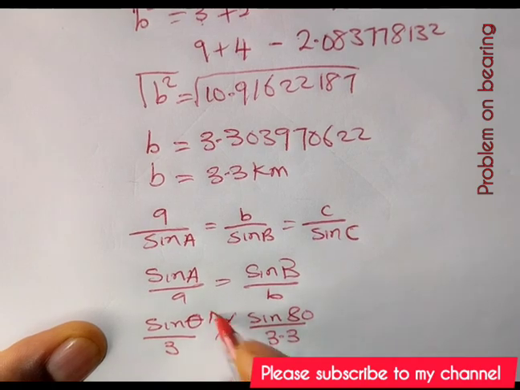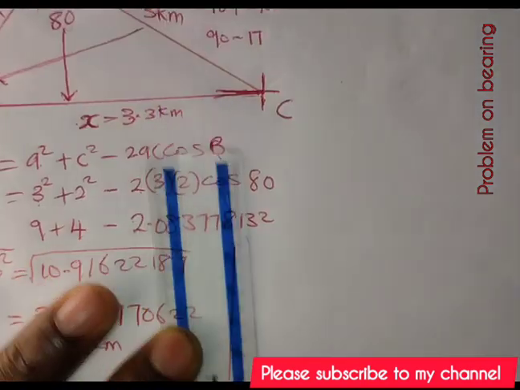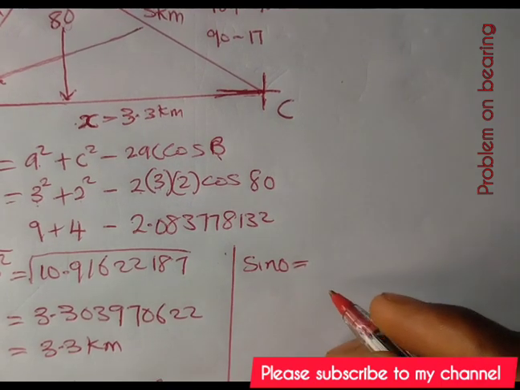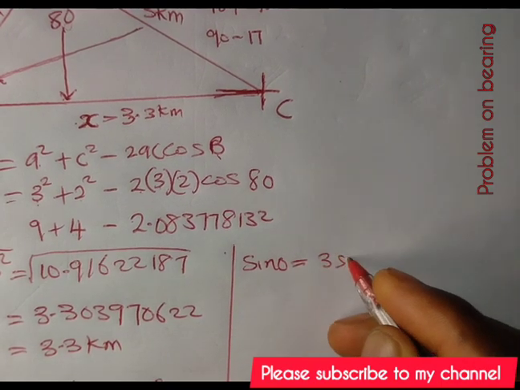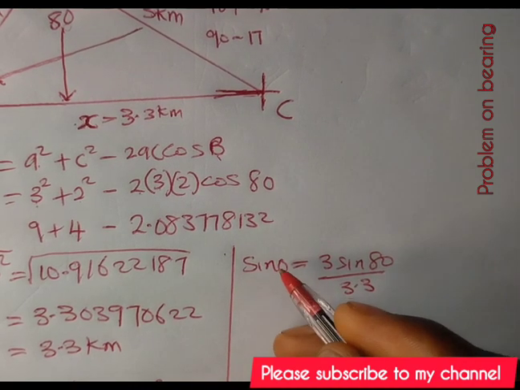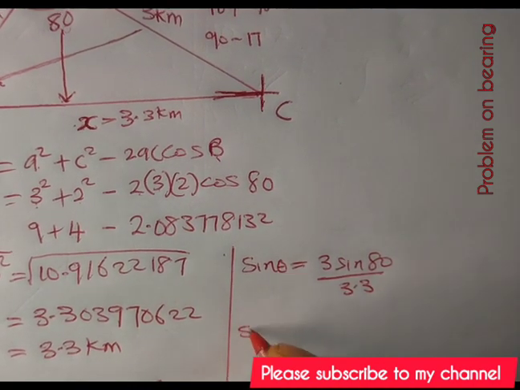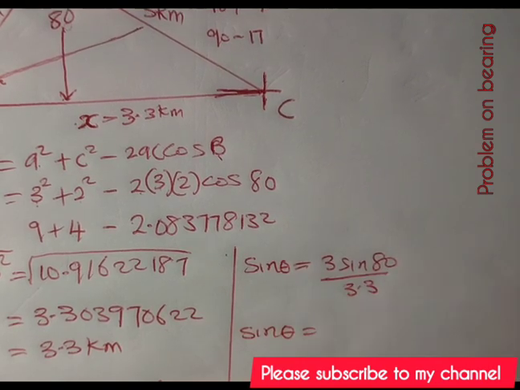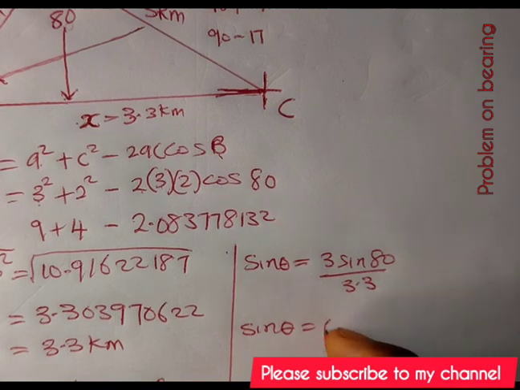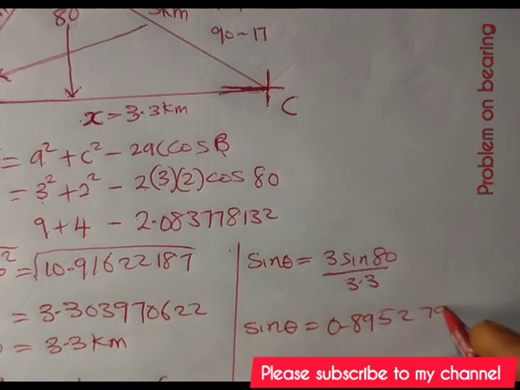Then make sine theta the subject of the formula by cross multiplying. I'll have sine theta equal to 3 sine 80 over 3.3. Point your calculator to get these values. I'll have 0.8.